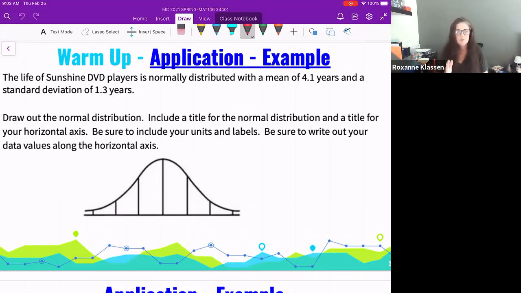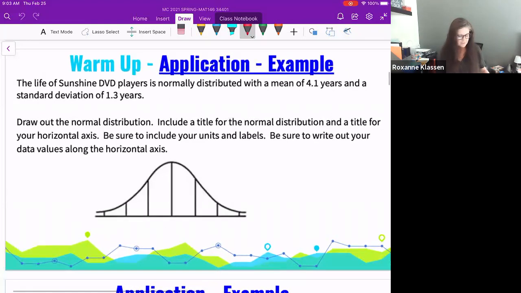Where you label your mean, and then you label all the lines to the right of the mean and to the left of the mean. So try that, and then we'll talk about Thunderbird Thursday, and hopefully everybody else will arrive.